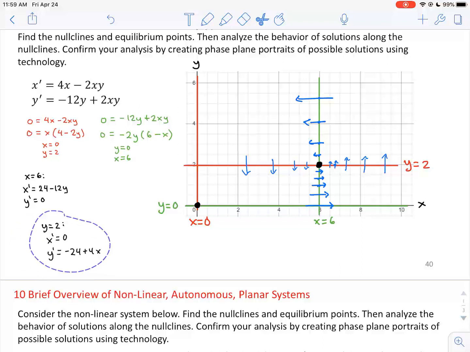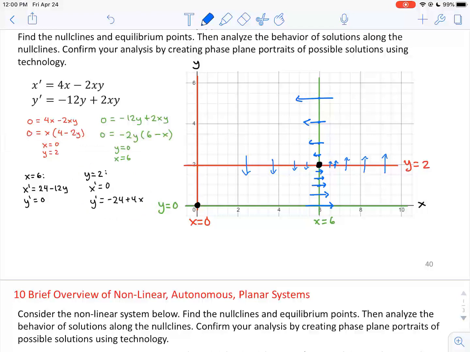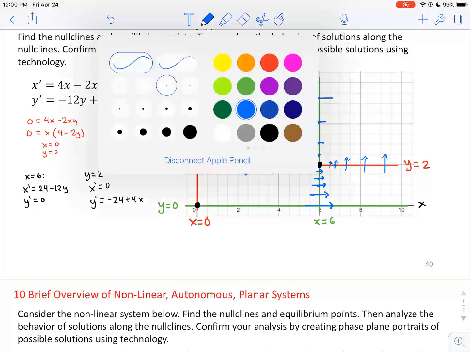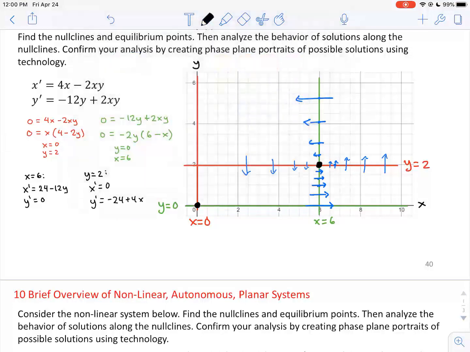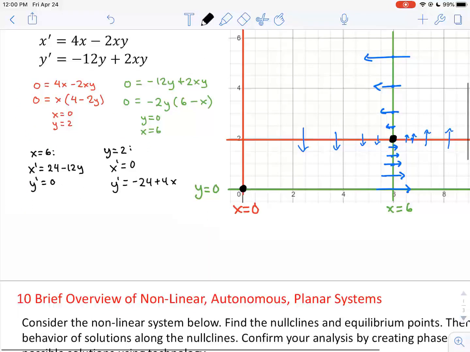All right, let's analyze next what happens along the axes, the other parts of our nullclines. Let's start with the vertical one, x equals 0. So x equals 0 is part of our x nullcline.